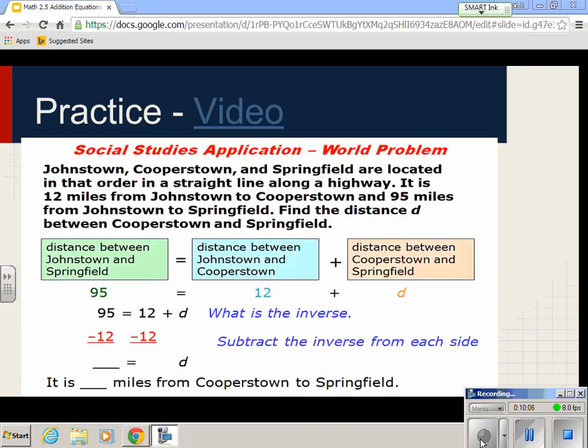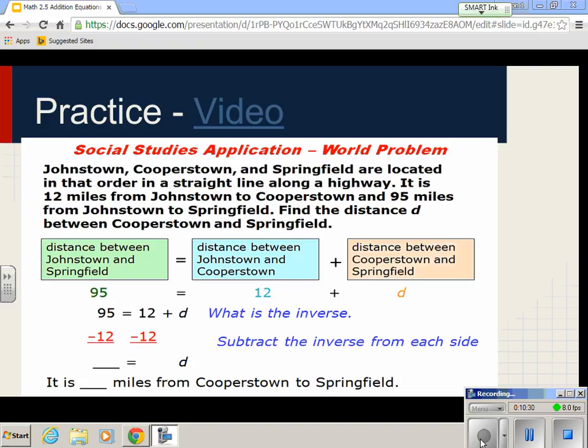So let's take a look at a word problem. I like word problems. It's where you actually can apply the skill in a scenario. So we're looking at 3 different cities: Johnstown, Cooperstown, and Springfield, probably where Homer is located. Johnstown, Cooperstown, and Springfield are all located in order in a straight line on a highway.